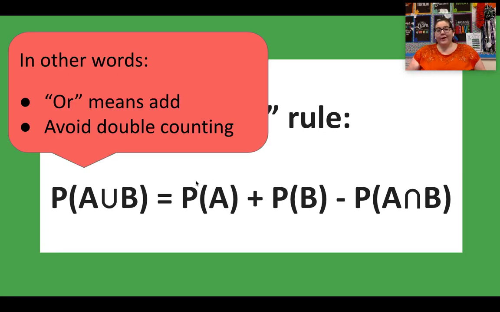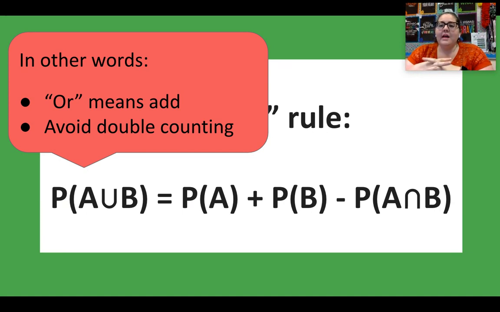One thing to note is situations where your events don't overlap. Like picking the beads from the example in class, if I'm doing the probability of picking a red or a blue bead when I pick one out of the hat or container of beads, a single bead cannot be both red and blue. So there's no overlap there at all.